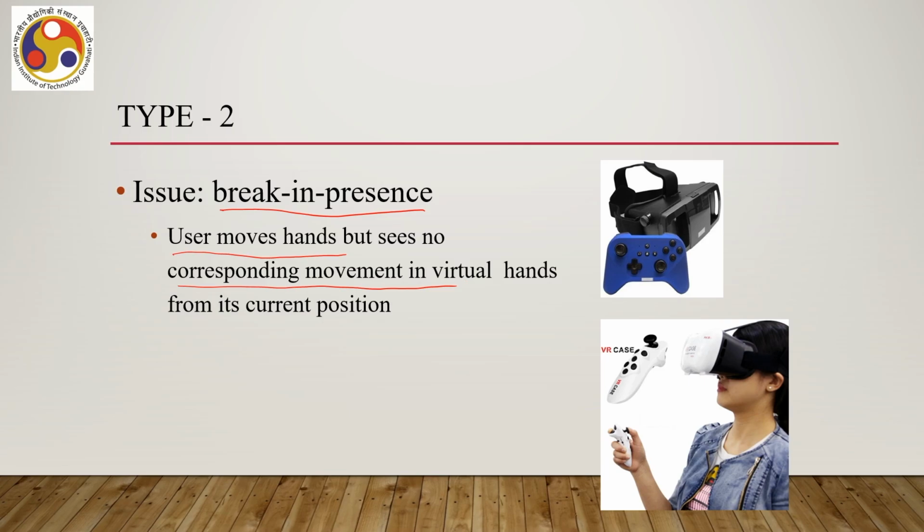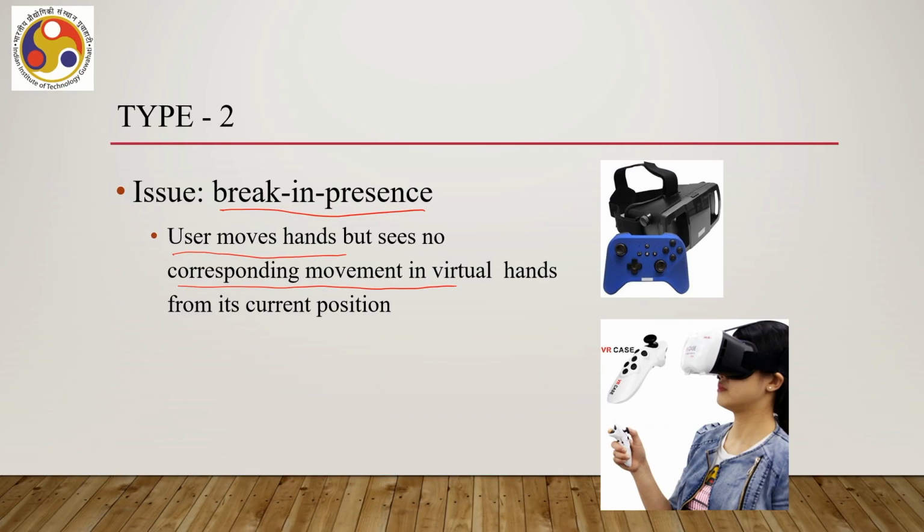So, this creates some sort of discomfort in the mind of the user, whether they are actually performing the tasks appropriately or not. This is called break in presence, or it affects the perception of presence in the virtual world. So, the user does something, but does not get to see the same thing in the virtual world.